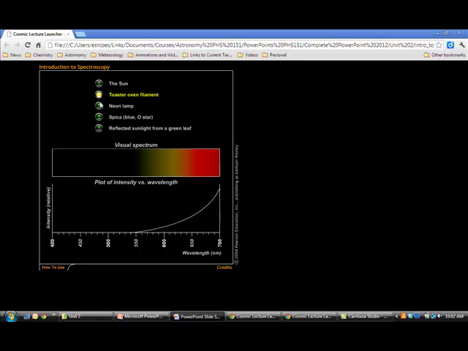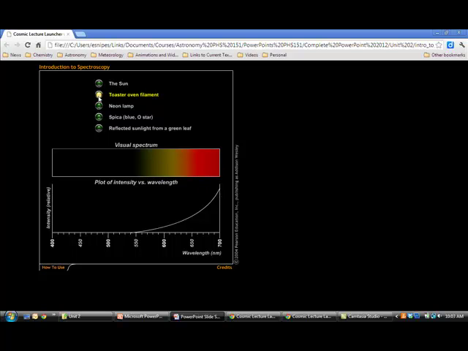What if we looked at the energy being emitted by a toaster oven? Notice that it's continuous again, but shifted over here to the long wavelengths. You can see visually the graph of this information.